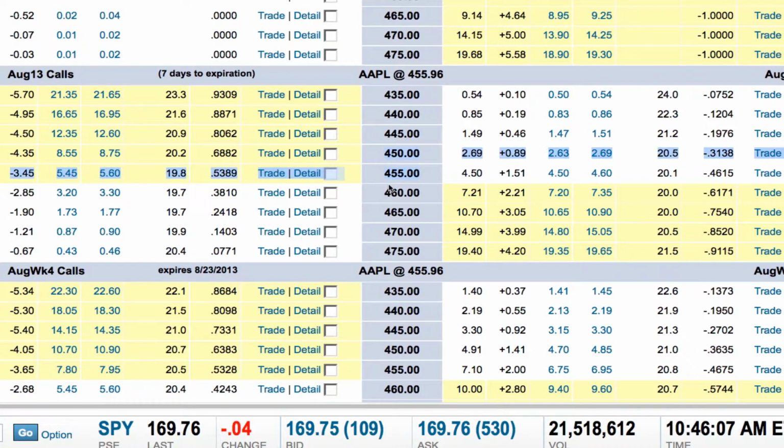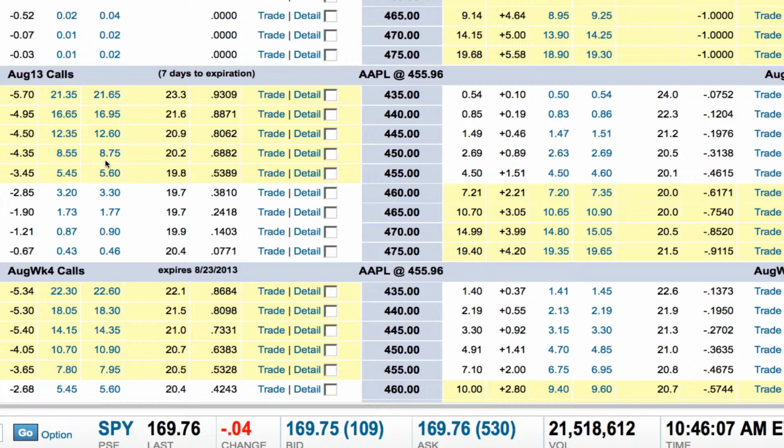To go from 456 to 450 is $6, so that is the amount of intrinsic value. $6 in the money. But that option is trading for more than $6. And so the portion above the $6, in this case $2.75, that is the extrinsic value.